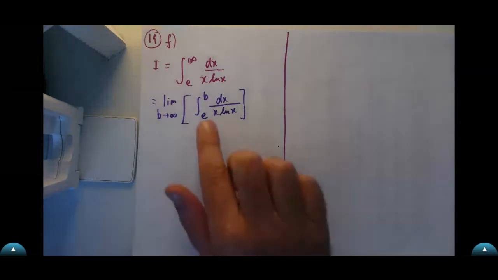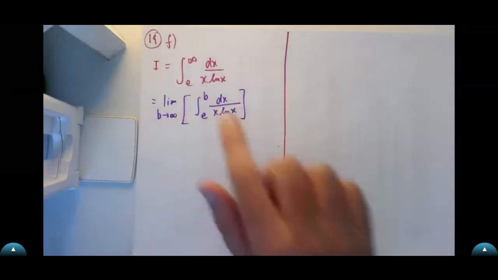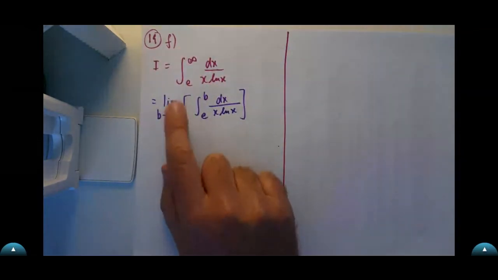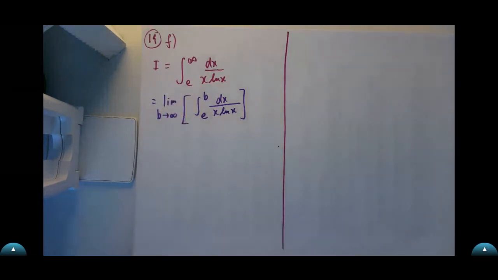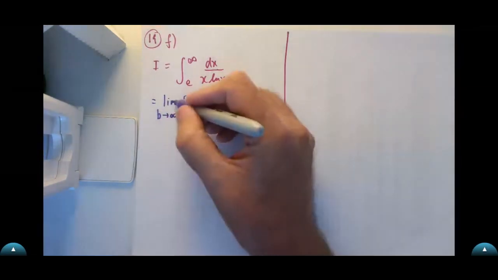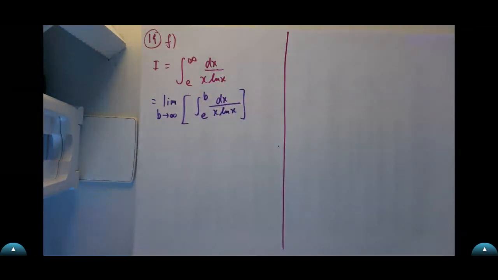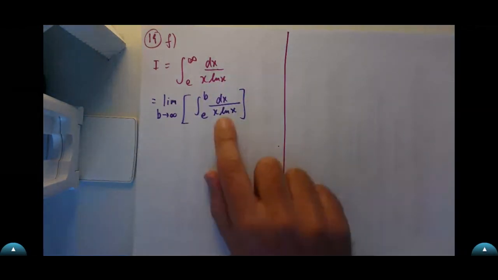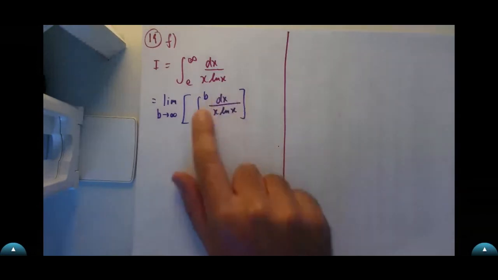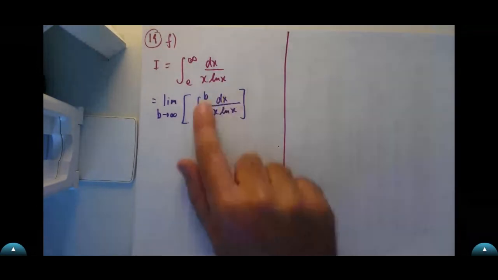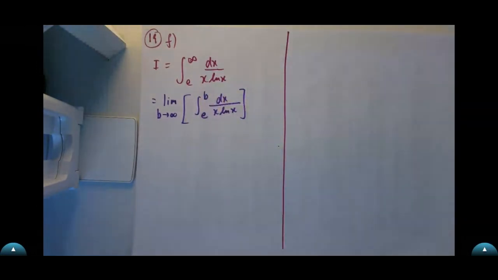If it does, then this original integral converges. If the limit doesn't exist, or it goes off to positive infinity or something like that, then we say the integral diverges.